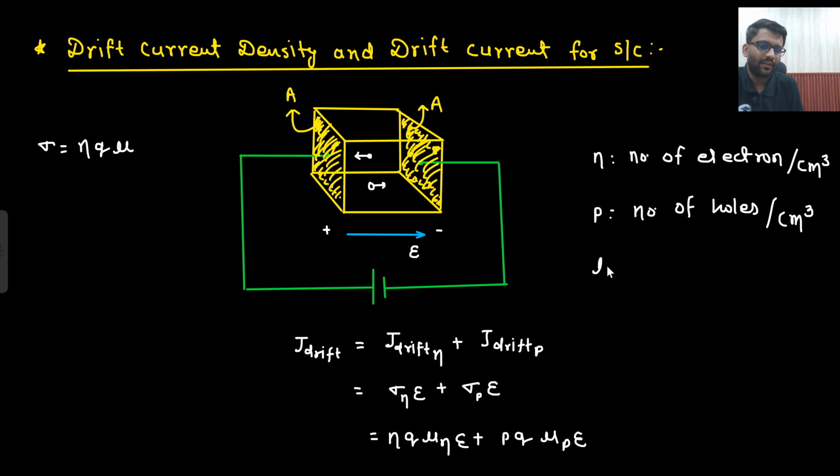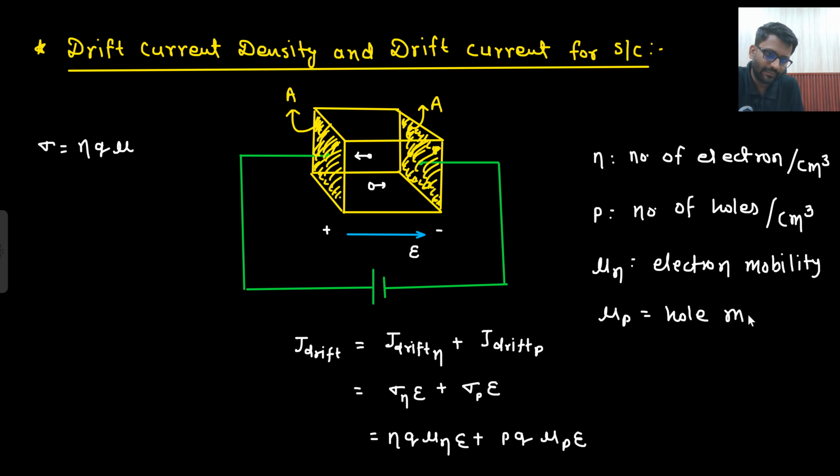Mu n is the electron mobility, and mu p is the hole mobility. Q is simply the charge, which is 1.6 into 10 to the power minus 19 coulomb. E is the applied electric field.